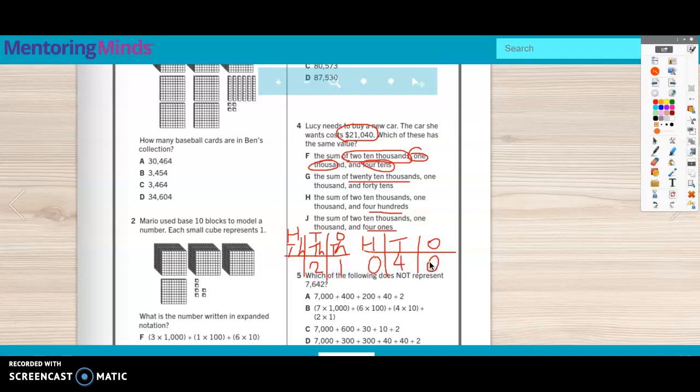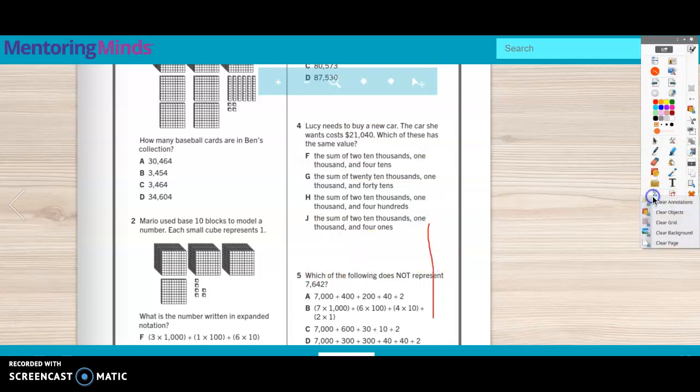So when you fill that out and look at the answer choices, now you can see, oh, you have 2 10,000s instead of 20 10,000s like G. That would be wrong. So the correct answer should be F. 2 10,000s, 1,000, and 4 tens. No hundreds and no ones. F is your answer.